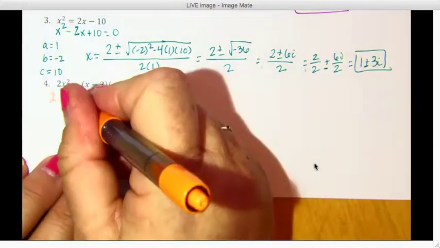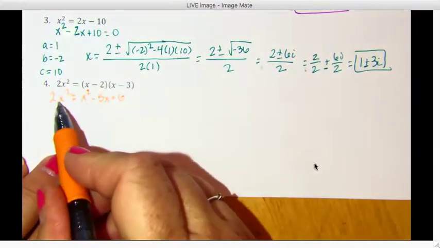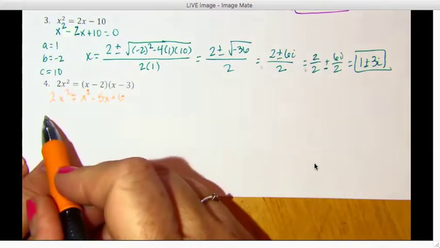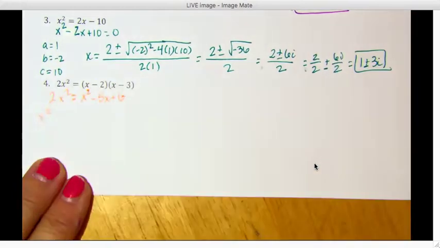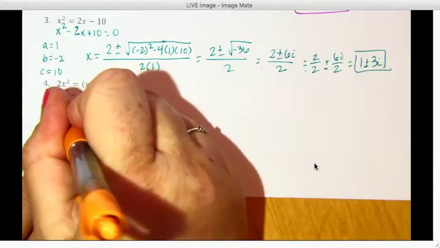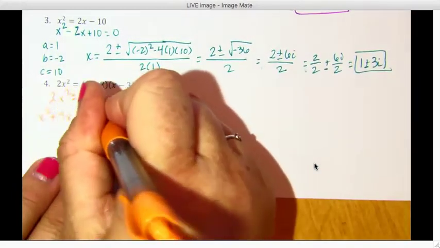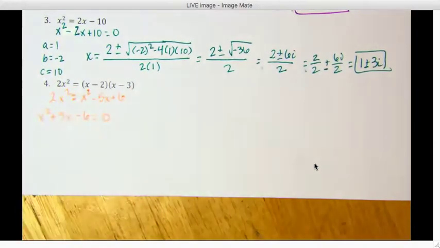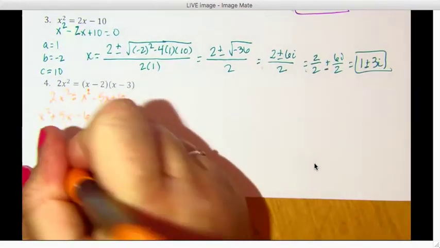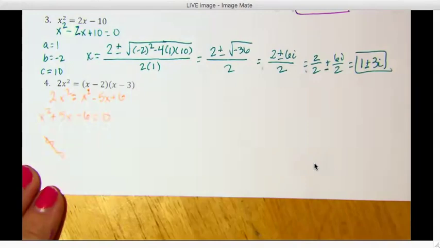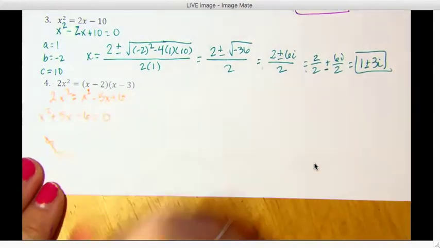And if I subtract x squared from both sides, add 5x to both sides, and subtract 6, I end up with x squared plus 5x minus 6 equals 0. I'm not going to use the x method, but I will tell you that we could use that here. I'm going to practice using the quadratic formula though.